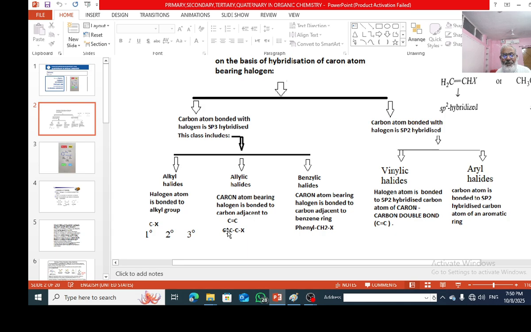This carbon next to the double bond is known as allylic carbon, and the halogen bound to this allylic carbon is known as allylic halide.